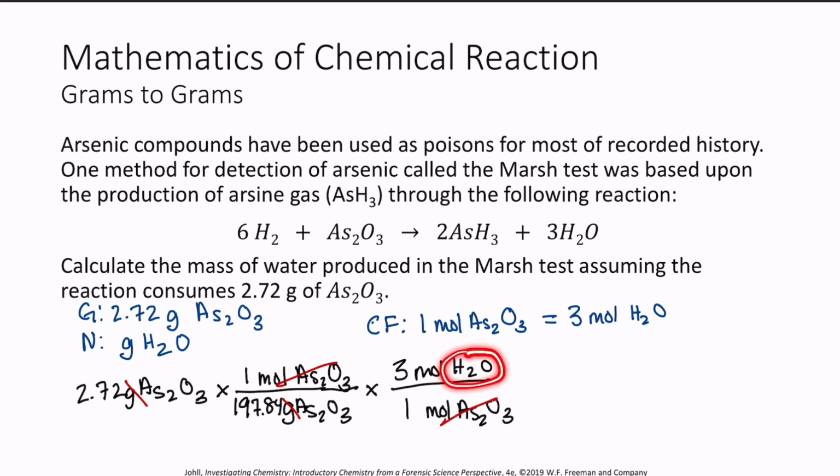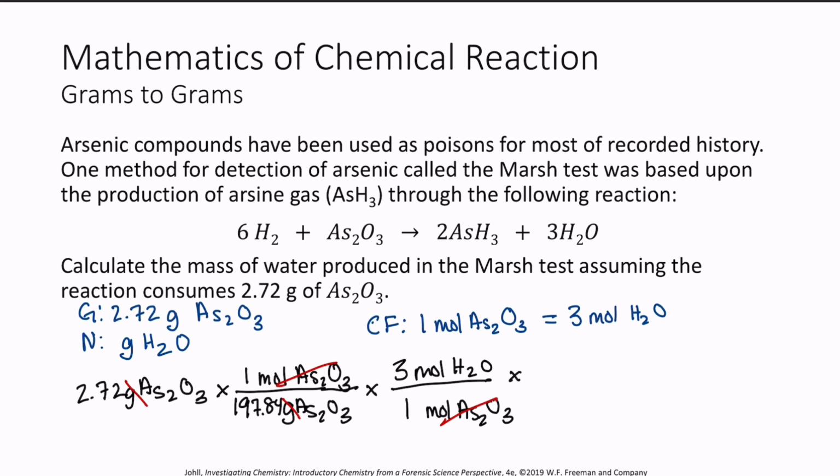Well, I've converted to water, which is good because that's my need, but I notice my units are not right. I'm now in moles of water, but I need grams of water. So I can't just magically change this to grams. That's not how this works. I have to convert moles of water to grams of water, and you got it. We need to use the molar mass of water.